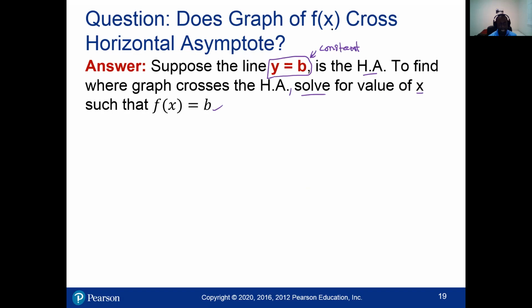So f of x is your rational function, and y is equal to b is your horizontal asymptote. You take the original function, not in factored form, set it equal to b and then solve it.